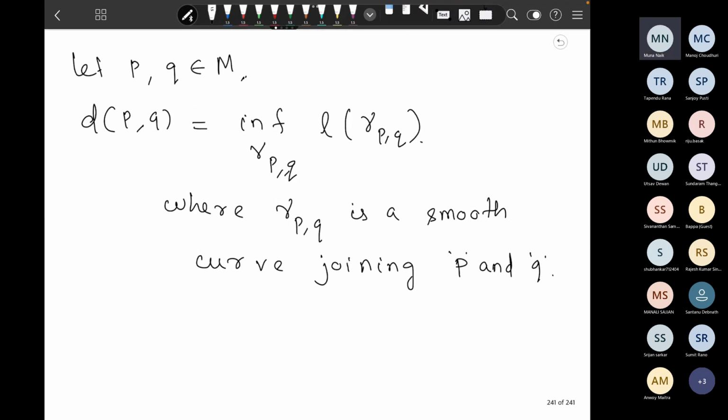My only concern is that given a tangent vector, a curve will exist only locally, right? Locally, but really connectedness will help you to get a smooth curve joining P and Q.